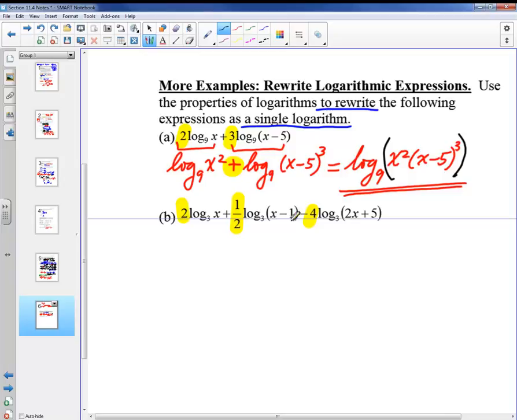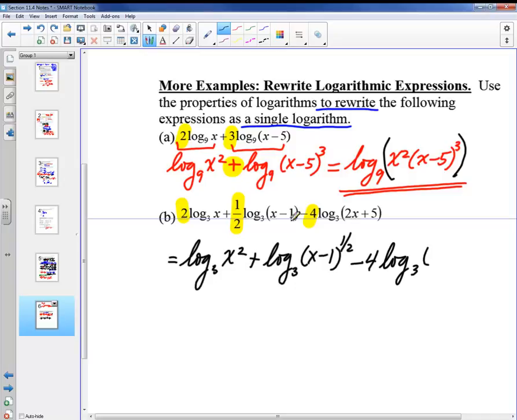So we do that here, and that would be log base 3 of x squared plus log base 3 of x minus 1 raised to the 1/2 minus, and keep the minus there, it will be 4 log base 3 of 2x plus 5, but I want to get rid of the 4. Keep the negative, but not the 4.